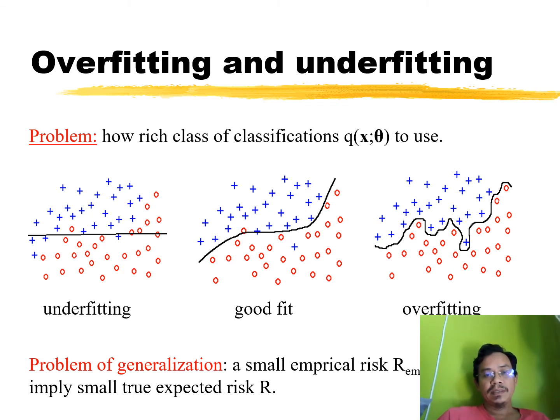You can see the circle here. It is supposed to be under the linear line, the linear classifier. And the last one is overfitting.